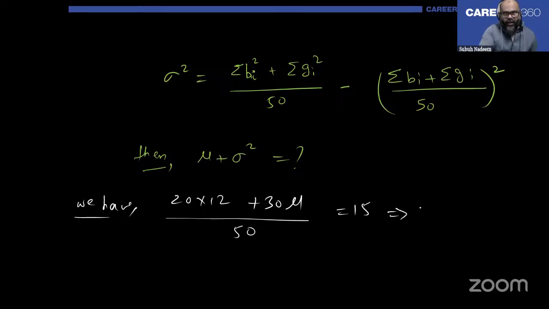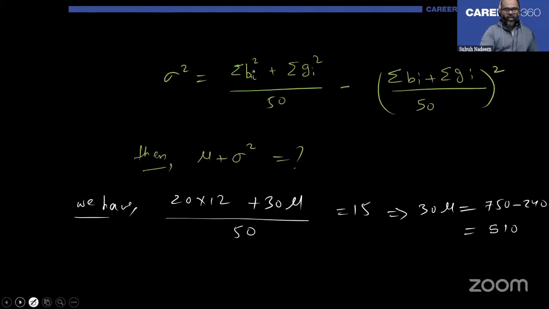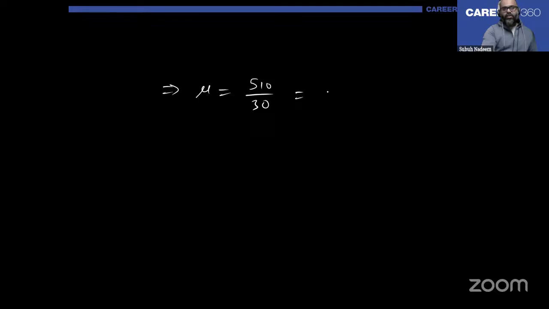From here, what do we get? 30 mu is equal to 15 into 50, which is 750, minus 12 into 20, which is 240. So it will be 510. Then mu is 510 by 30, which is equal to 17. So this is one result, that is mu.